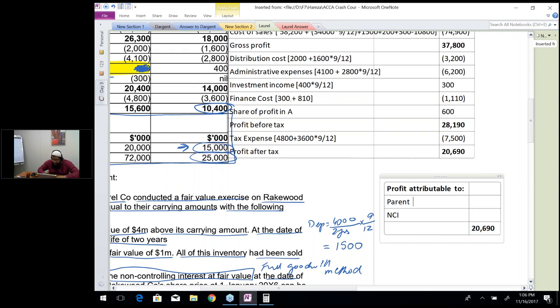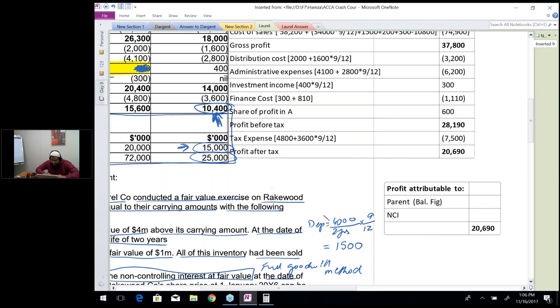So the profit of the parent is actually going to be the balancing figure. And we are going to calculate the profit of NCI. And how are we going to calculate this? We are actually going to see the profit of subsidiary itself, which was 10,400, and adjust that profit of the subsidiary to get the NCI.